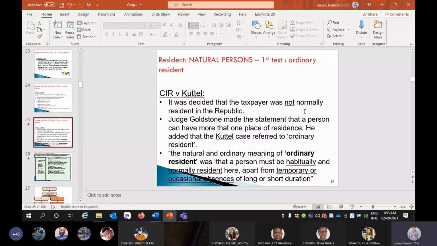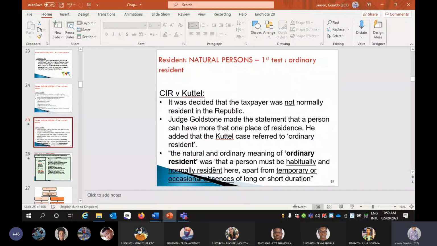So Judge Goldstone made the statement that the person can have more than one place of residence. So you can live in more than one place. And he added that the Kittel case referred to ordinary resident. And what was found there is they said that the natural and ordinary meaning of ordinary resident was that a person must be habitually and normally resident here, apart from temporary or occasional absences of long or short duration.